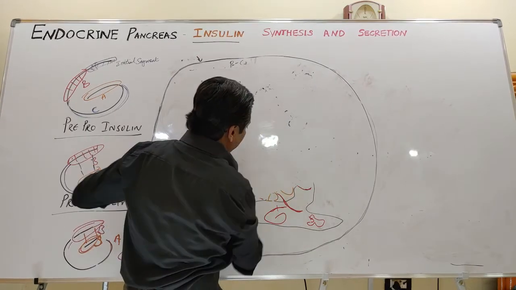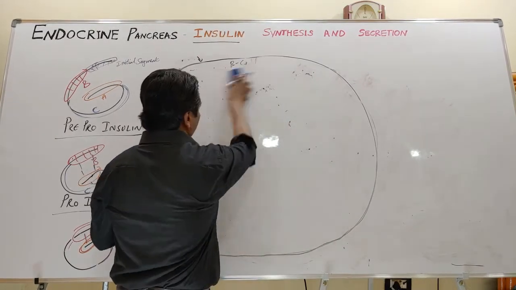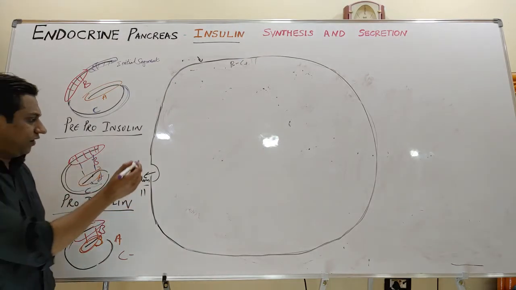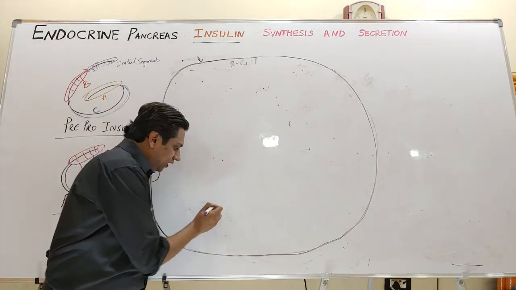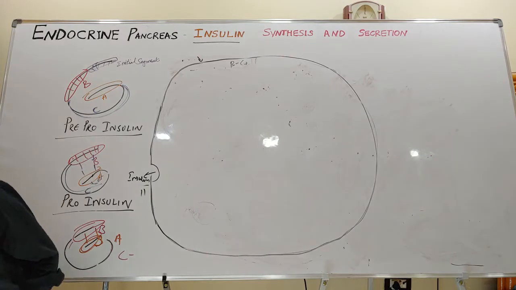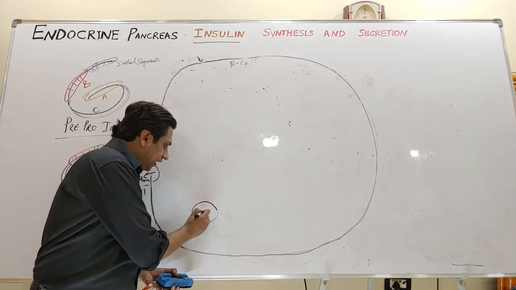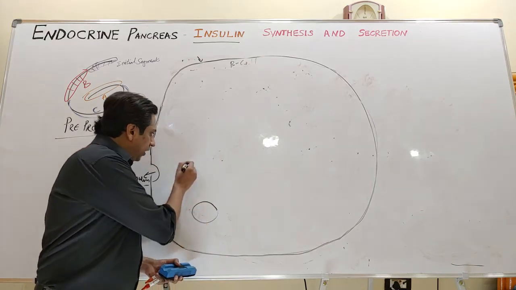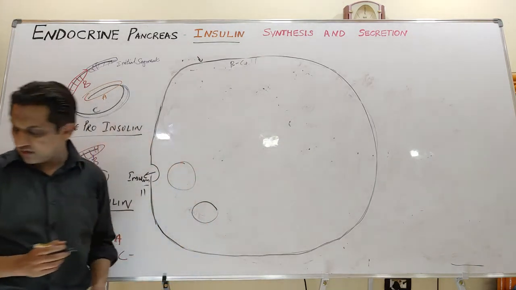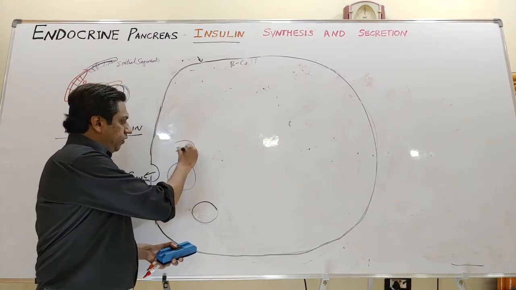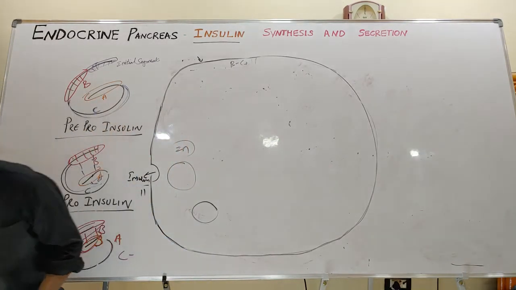Again, consider this is a beta cell. Till now we have discussed that it is synthesized, and the insulin molecules are present as vesicles incorporated with zinc.